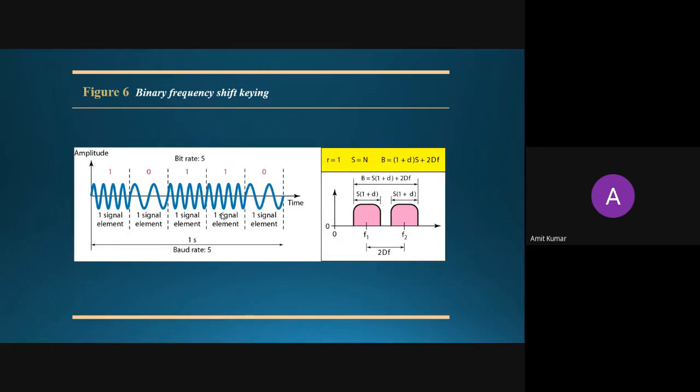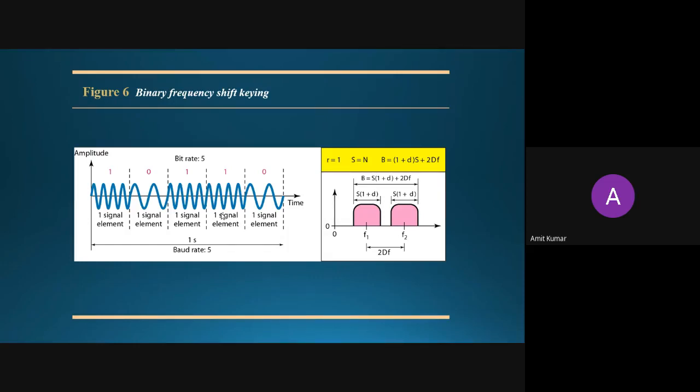Now you are getting an extra term in the bandwidth of your FSK signal, that is delta F. The delta F is your deviation in the frequency component of the two signals. If your first frequency lies at f1 plus delta f and the second frequency lies at f1 minus delta f, your total deviation between both frequencies is 2 delta f.